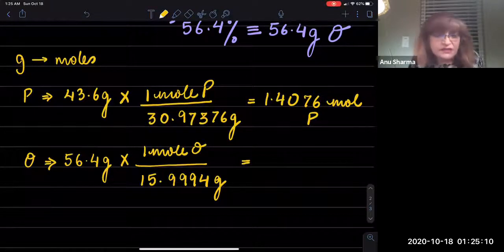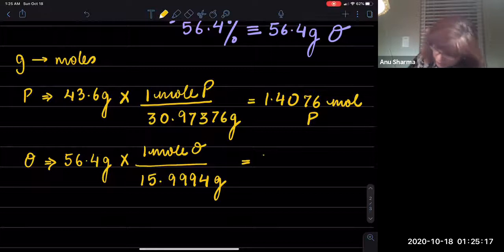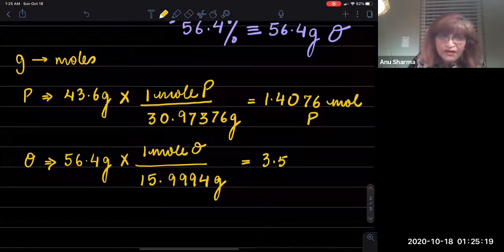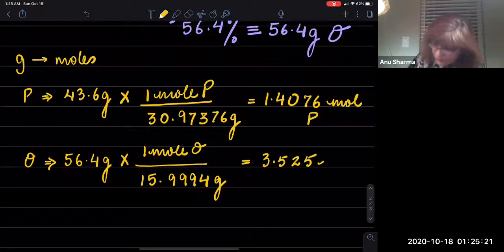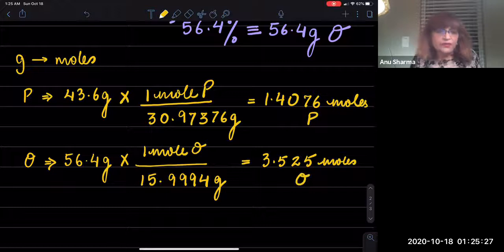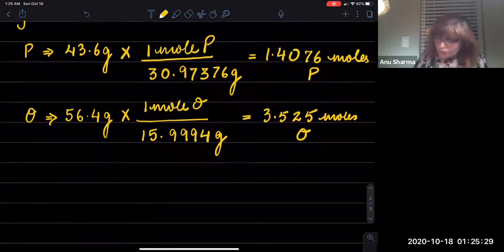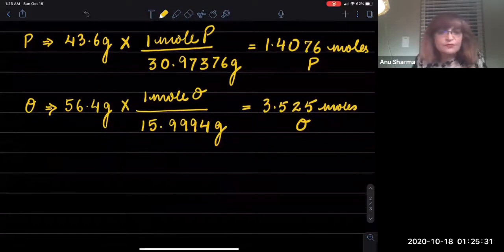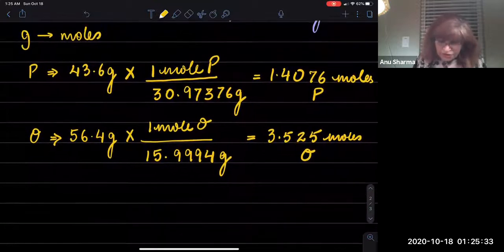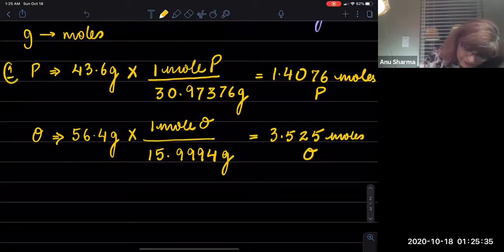So 56.4 times 1 divided by 15.9994 gives you 3.525 moles of oxygen. Okay, so now we have these 2 mole values with all these decimal points. What do we do? So that was your step 1.